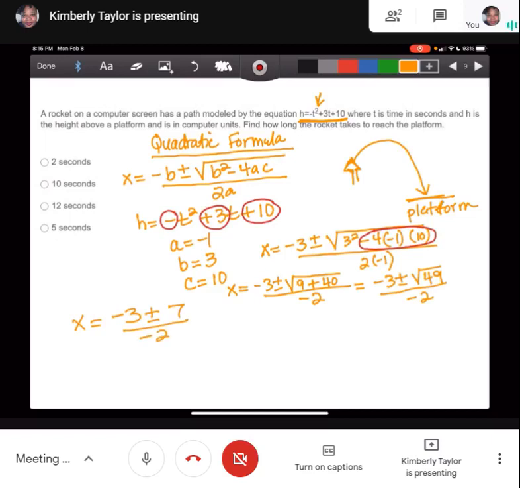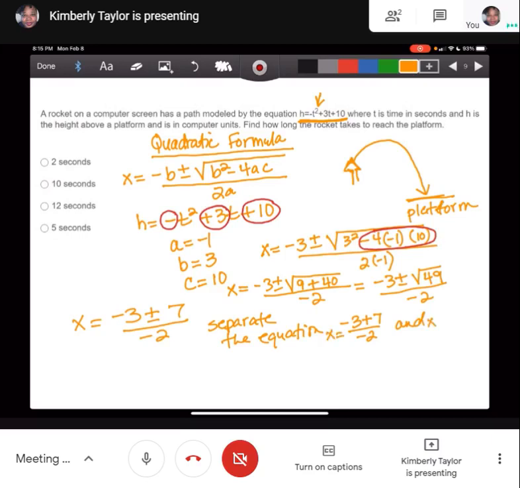At this point, I'm going to make 2 equations. So I'm going to separate this. Let's separate the equation. So I'm going to have negative 3 plus 7 over negative 2, and so I can put x equals.